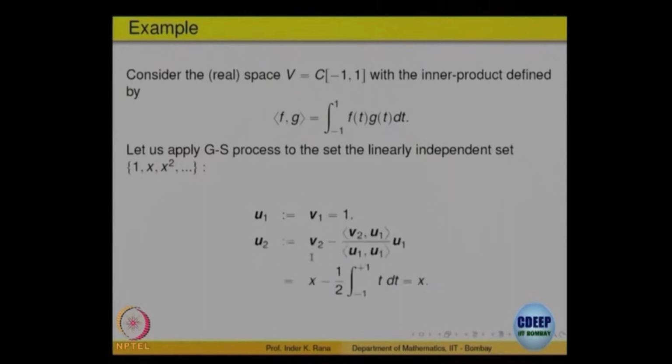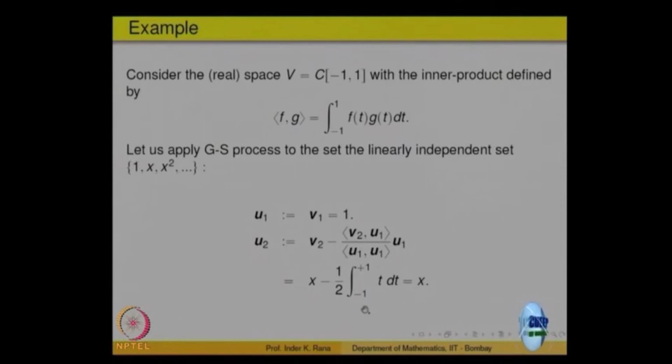What is the next one, u2? From v2, remove the projection. What is the dot product here? It is the integral of v2 u1 dx from minus 1 to 1, divided by the norm of u1 squared.